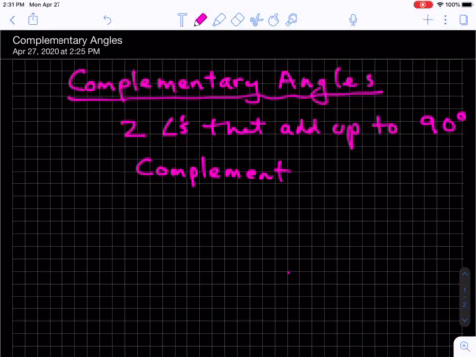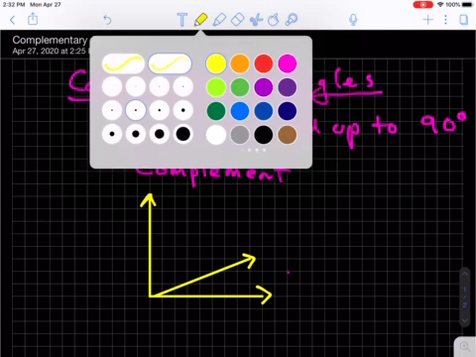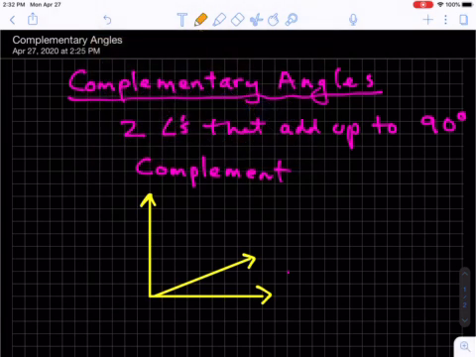So an example of complementary angles would be if I have my right angle here, and then supposing I have one angle right here. Let's put our rays on it. Then we would say this angle is angle 1 and this one is angle 2.